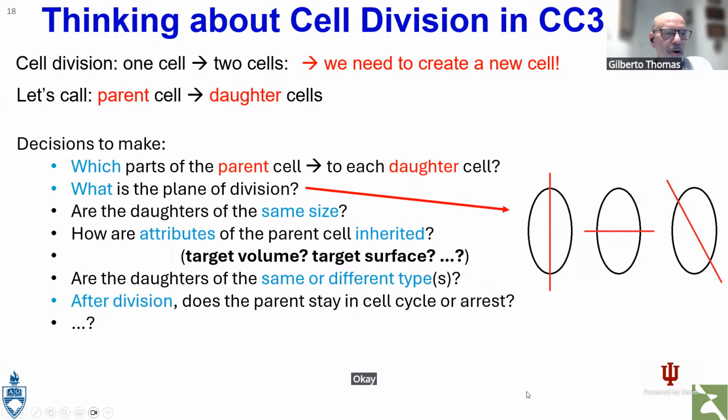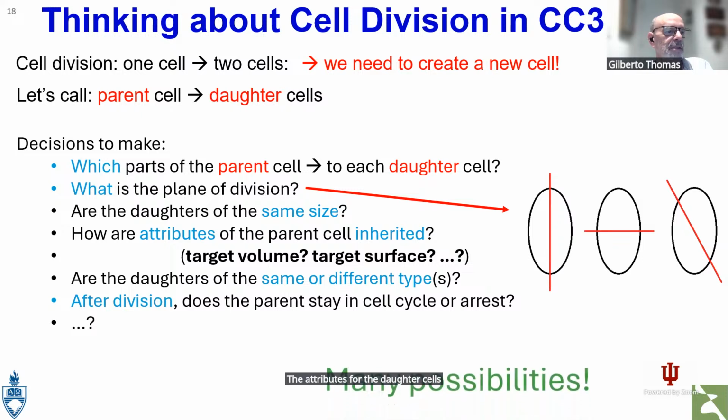Okay? So let's continue. There are a bunch of possibilities to decide how the divisions and the attributes for the daughter cells work. Okay, well, let's continue.